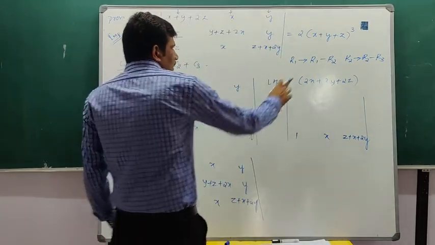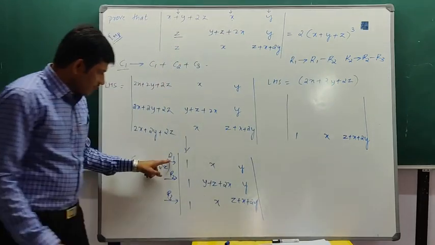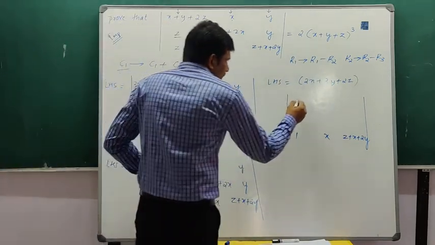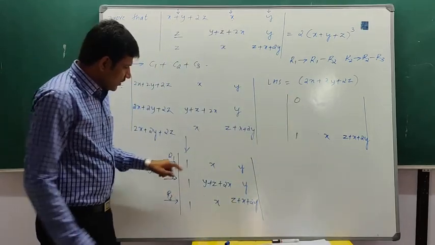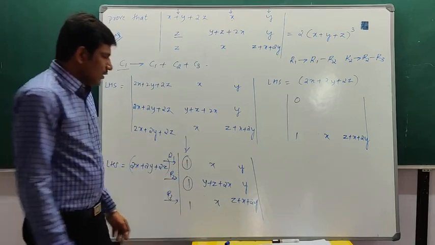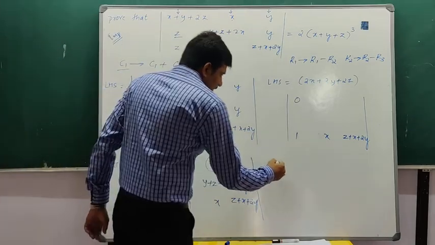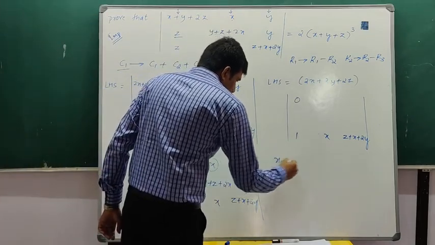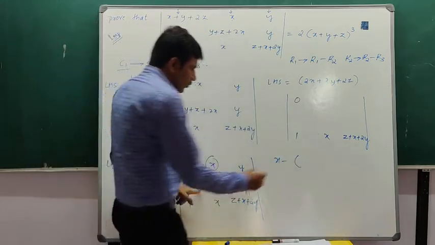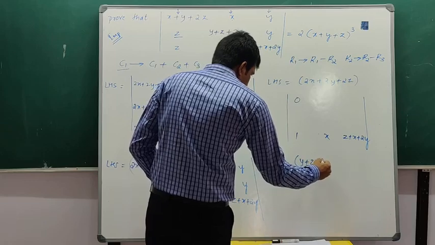So now see here, R1 minus R2. This is the first row and this is the second row. Now subtract: 1 minus 1. What is 1 minus 1? It is 0. That is, the first element in R1 subtracted from the first element in R2, so 1 minus 1 is 0. Then what is the second element? It is x. So x minus the second element in R2, that is y plus z plus 2x.